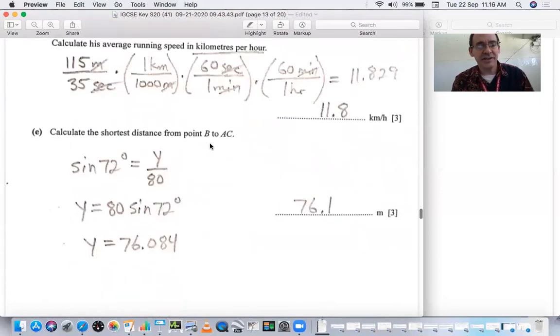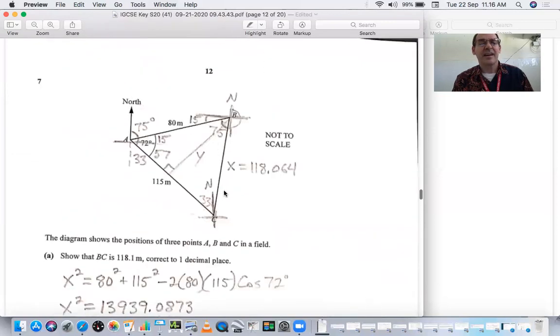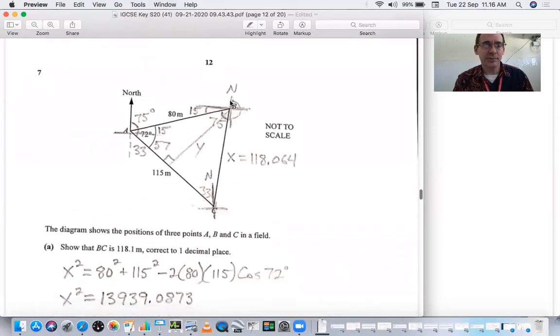Calculate the shortest distance from point B to AC. Okay, so shortest distance will be perpendicular distance. Shortest distance from point B to the line AC will make a perpendicular line. And we already have the 72, and we also already have the 80 for our right triangle here.